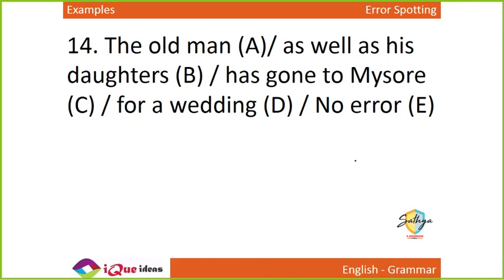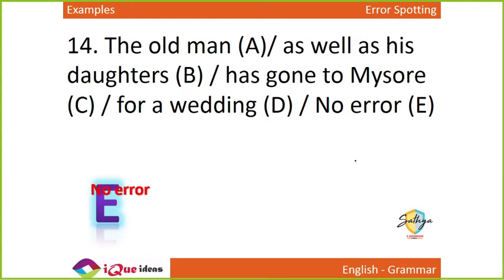But when you say as well as his daughters, in this case, the daughters are not part of the subject. When you say as well as, that removes the daughters as being part of the subject. So the old man has gone to Mysore for a wedding, and that is technically correct. So in this sentence there is no error.